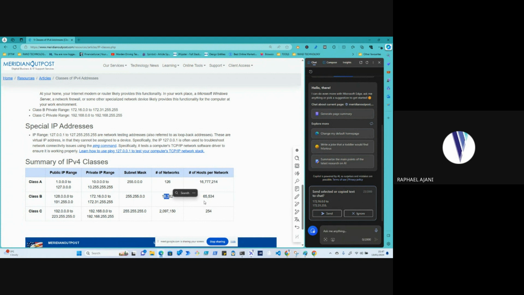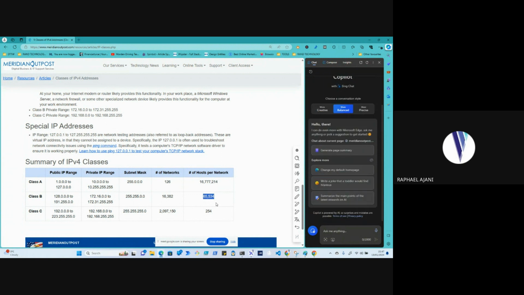So what this indicates is that you can assign IP addresses to as much as 65,000 devices, nodes, systems, anything. And remember that in networking, I've talked about virtualization. You can imagine how you have several virtual servers. Like I remember First Bank had close to about 2,000 virtual servers running at a time.